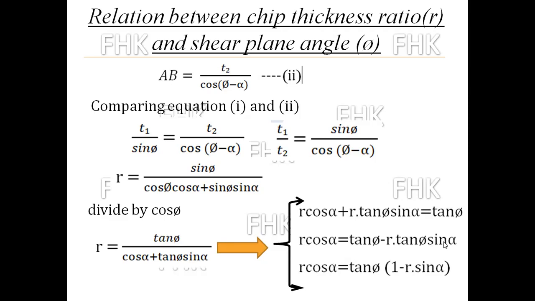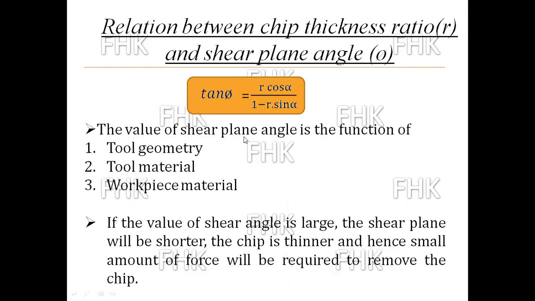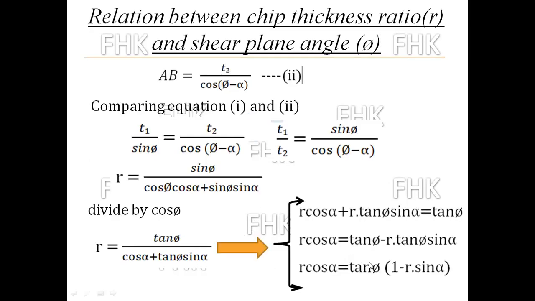After taking tan φ as common, this will stay as it is, and this 1 minus r sin α I will move towards the left. So it becomes r cos α divided by 1 minus r sin α is equal to tan φ.